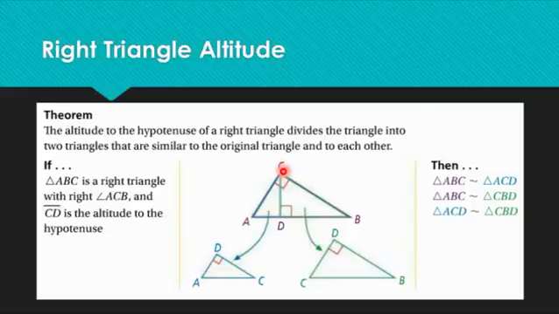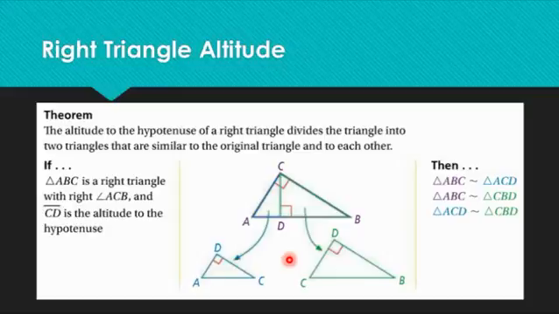The altitude from vertex C is dropped, and it divides the triangle into two smaller triangles, ACD, which is drawn down here for you, and BCD, which is drawn down here for you.